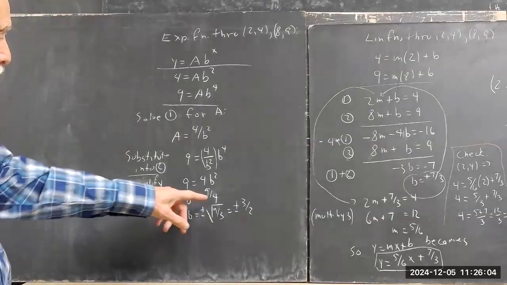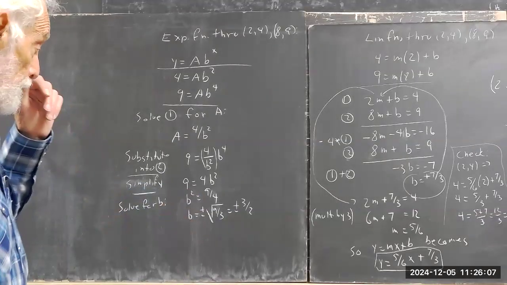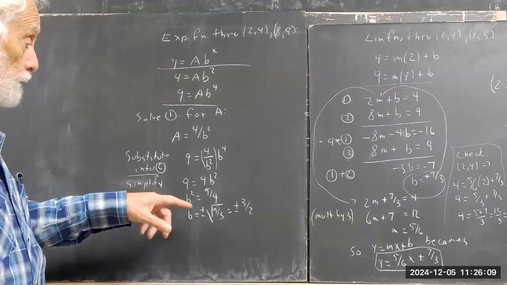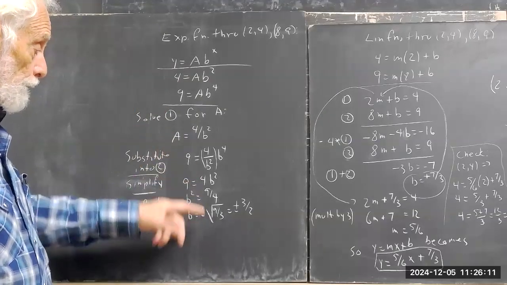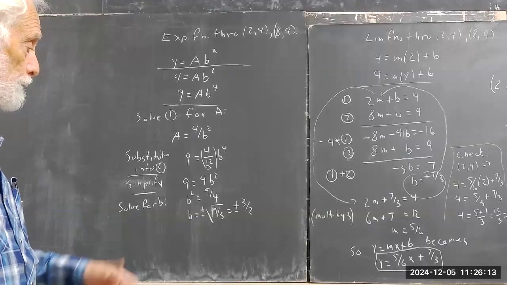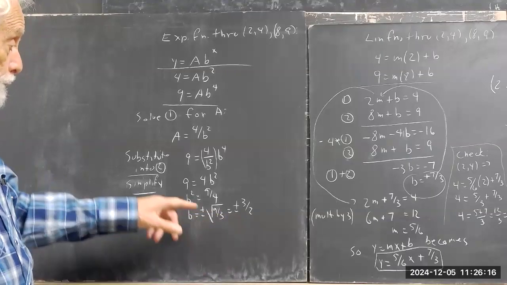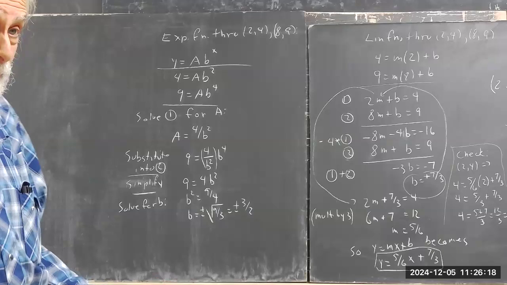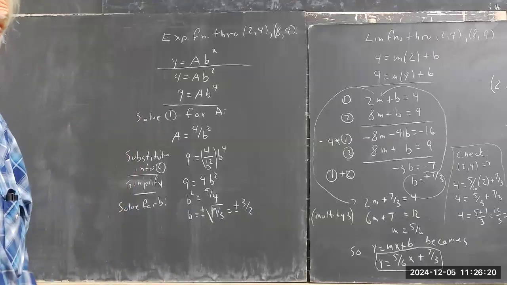Remember, when we solve B squared equals something, one solution is the square root of that thing, which would be the 3/2. But also, if you square negative 3/2, you're going to still get 9/4. So you have the 2 solutions.